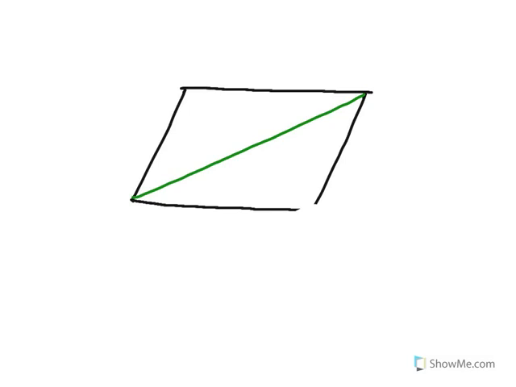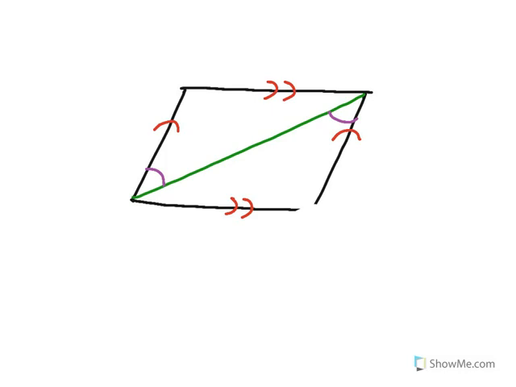So I know this side is parallel to this side, and this side to this side. So if the left and right sides are parallel, then I know that this angle and this angle are congruent because those are alternate interior angles, because the green segment represents a transversal. So those two are the same.